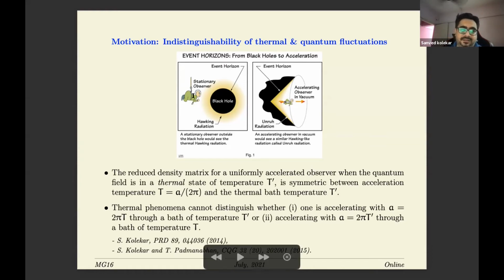But over here, for the uniformly accelerated observers, the acceleration is ultimately also related to the scale in the problem, which is just the mass. So the Hawking temperature is related to the mass of the black hole, and the acceleration over here is also related to the same mass. So the question is, are there other uniformly accelerated trajectories, or Rindler trajectories, in the background of the Schwarzschild spacetime, so that you could have another parameter to play with?